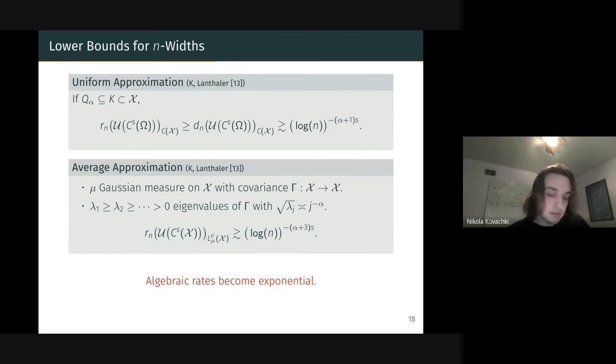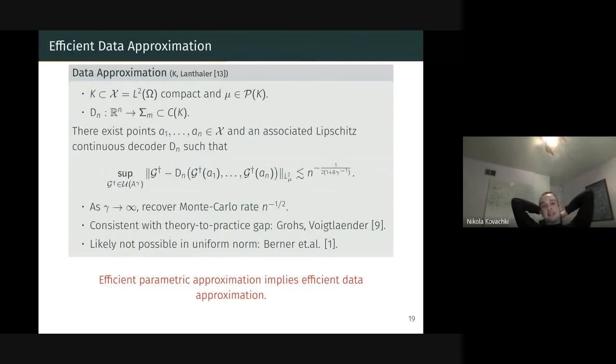There is kind of good news, and the good news, data curse, and that's here. So this says that if I look instead at the space of things that are efficiently approximate. So remember that A gamma was the set of maps which I can approximate at an algebraic rate, n to the minus gamma.